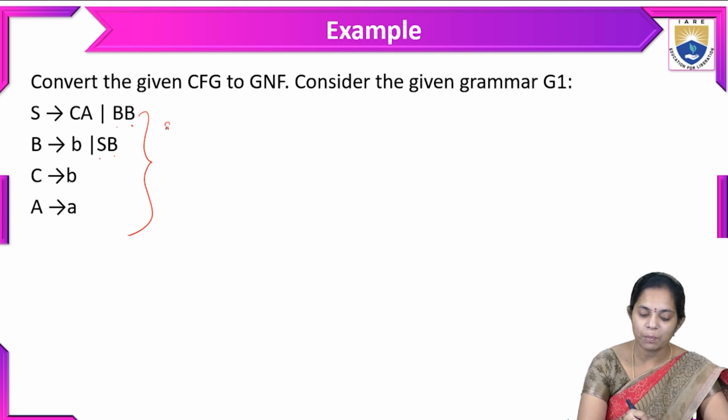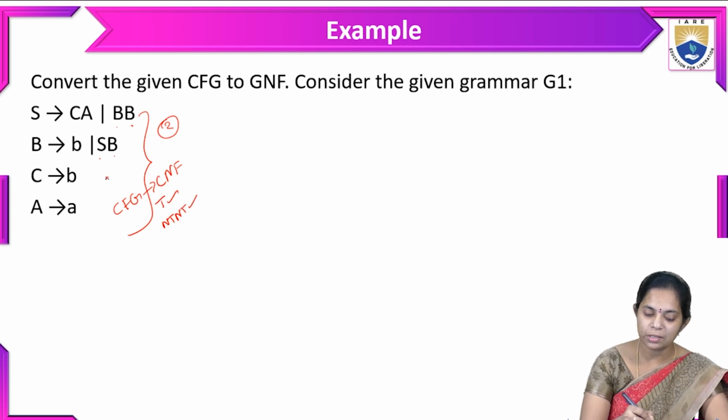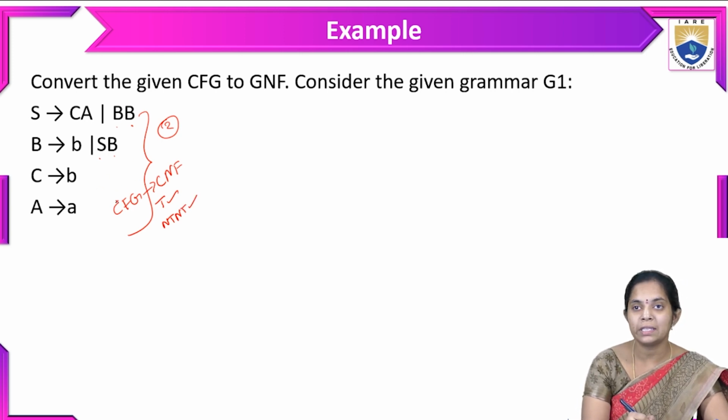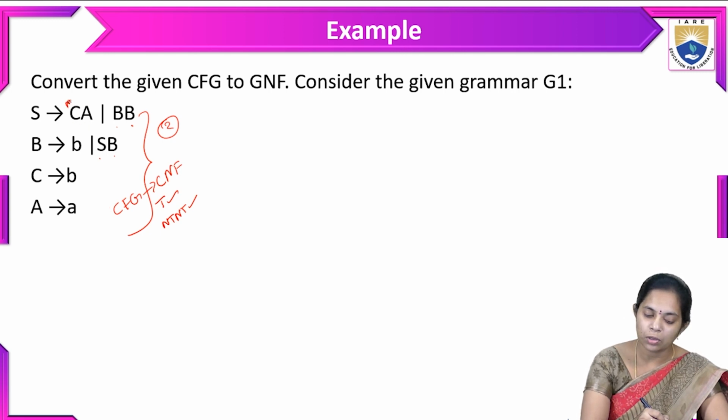And the second step is to convert this CFG to CNF. In CNF, the right side has only one terminal or only non-terminals. So here we check whether the given grammar is in CNF or not. The right-hand side has non-terminals, which satisfies CNF, and here also. Here also a terminal, which satisfies it, and non-terminal also satisfies.